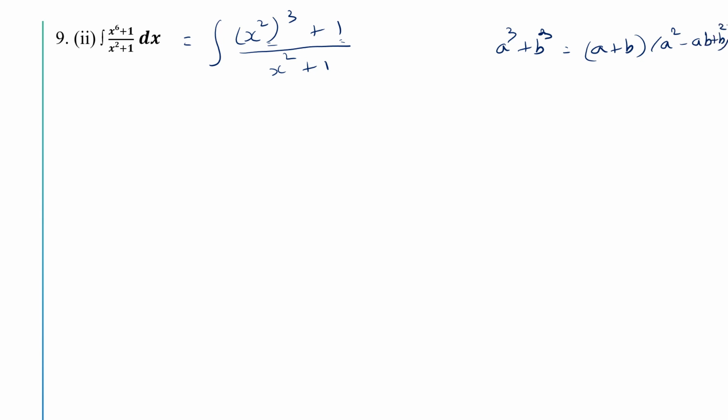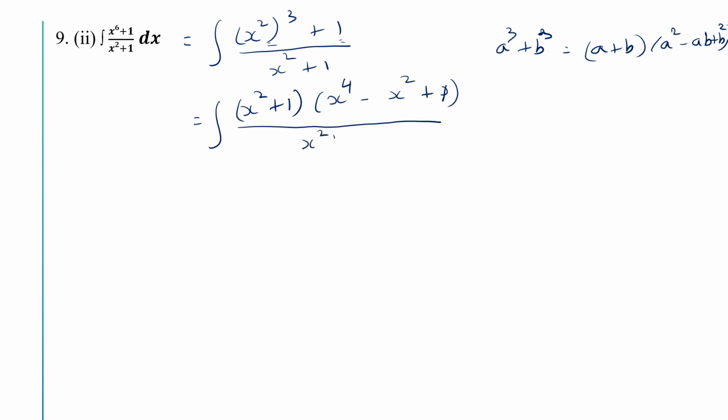So a cube plus b cube formula we can use here. This is equal to integral x square plus 1 into x raised to 4 minus x square plus 1 divided by x square plus 1. So these two will go.